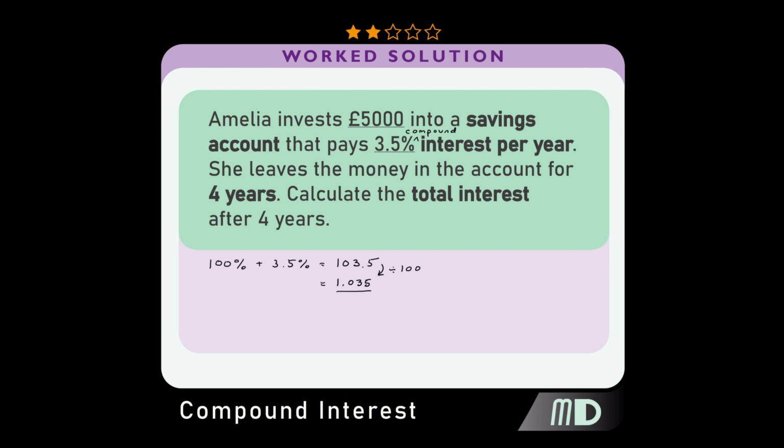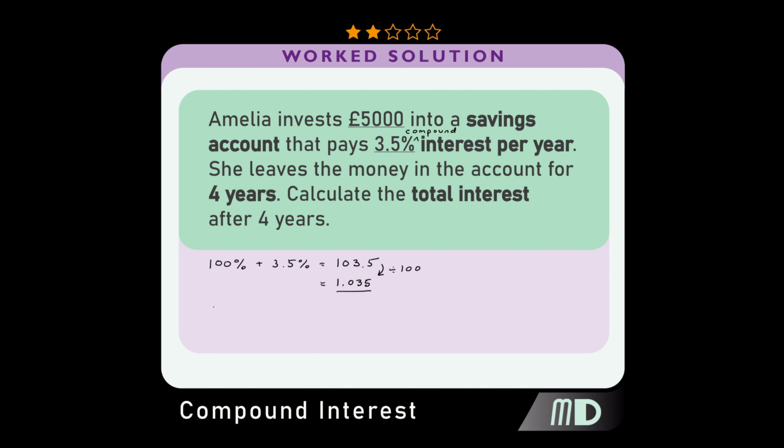So multiplying by 1.035 increases any amount by 3.5%. And multiplying by 1.035 raised to the power of 4 performs 4 consecutive 3.5% increases.